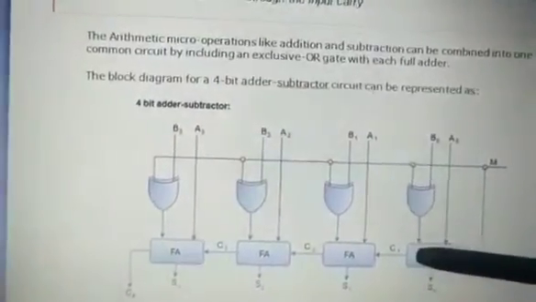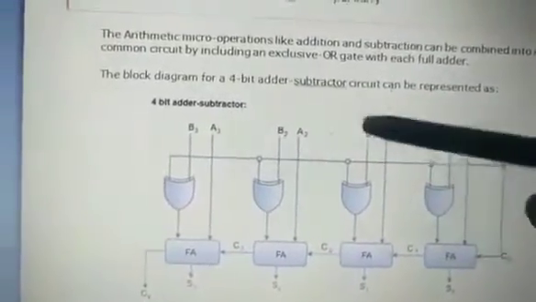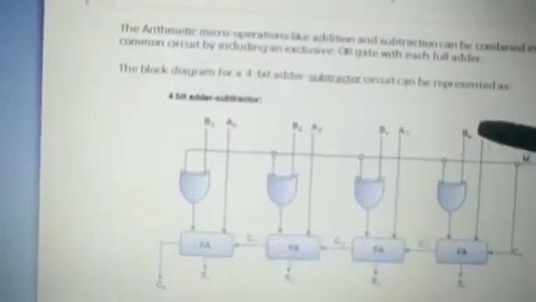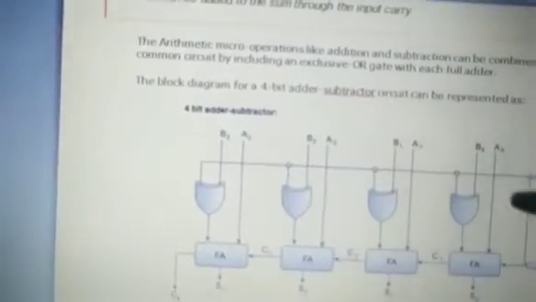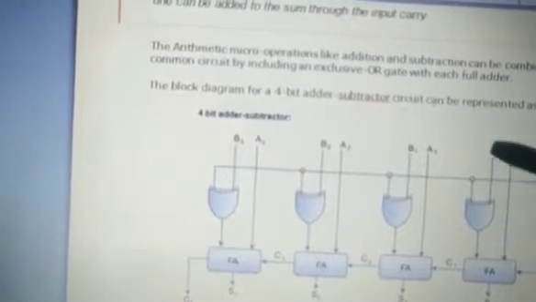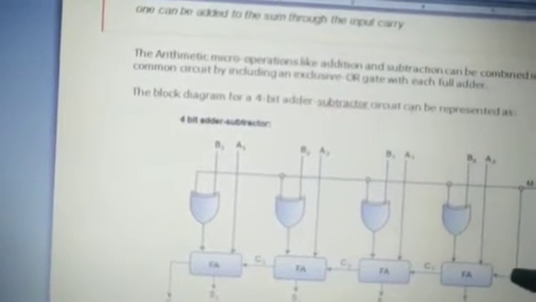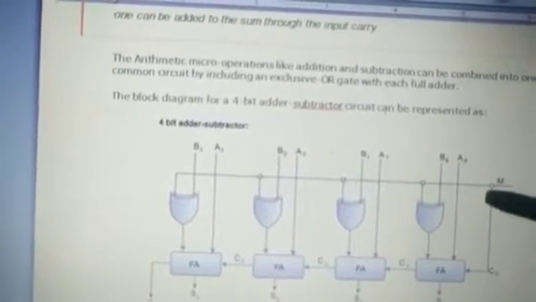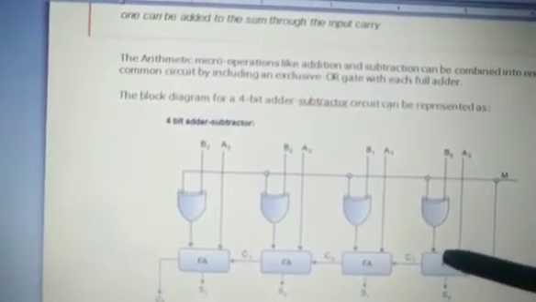Ones complement plus 1, so we will get the second complement of B0, B1, B2 and B3. With this second complement we add A0, A1, A2, A3 individually, bit by bit. The first complement of B is added with the 1 that we get from the adder subtractor control line, so we get the second complement.